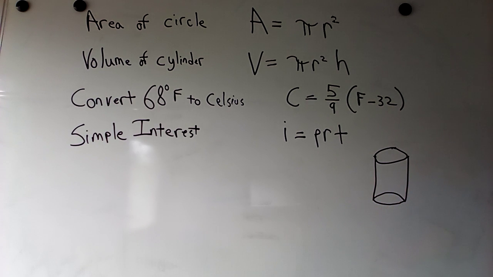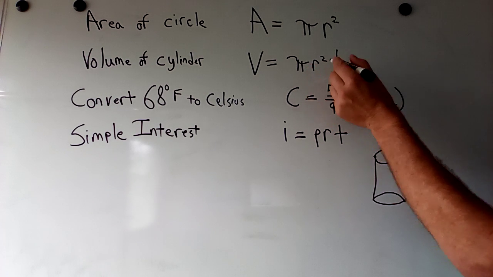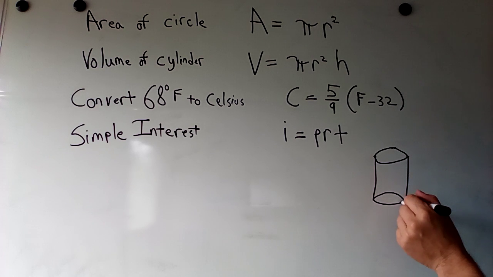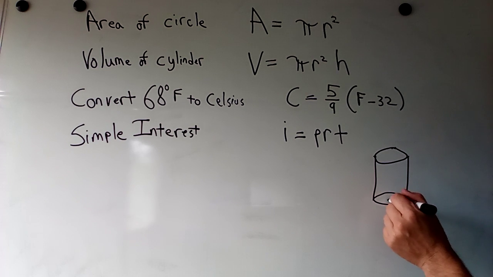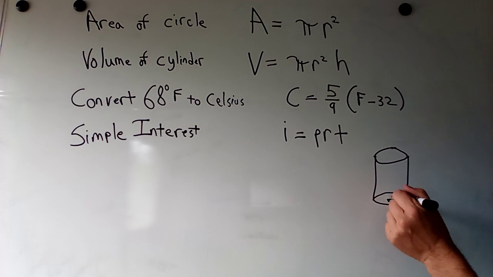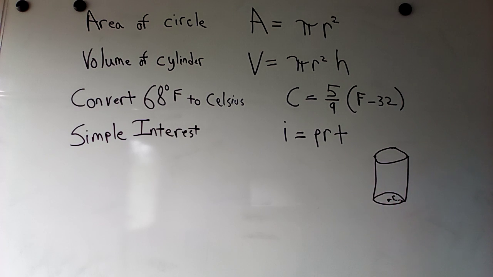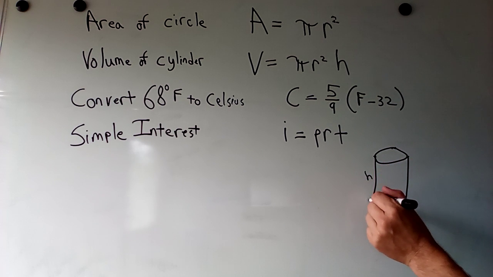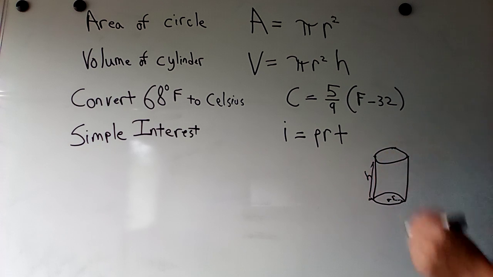So you would use pi again, 3.14, the radius. The radius of a cylinder, you would find the same way, right here. That's your radius there, and then the height. The height would be how high it is from the bottom to the top.